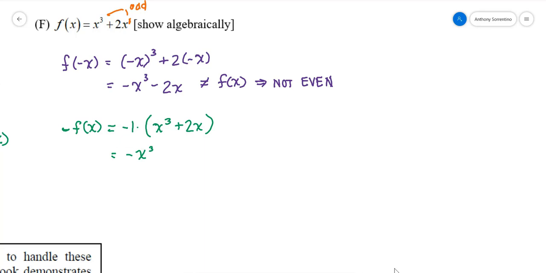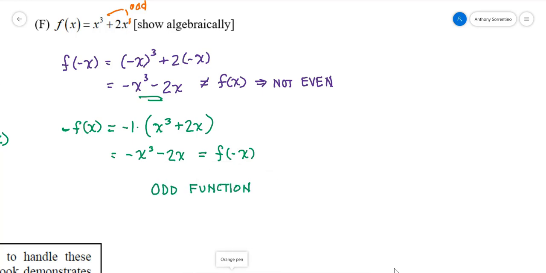A negative 1 times a positive 2x gives me a minus 2x. And as I can see now, based off of what I see up here, this equals f of negative x from what I determined above. And because of that, this is an odd function.